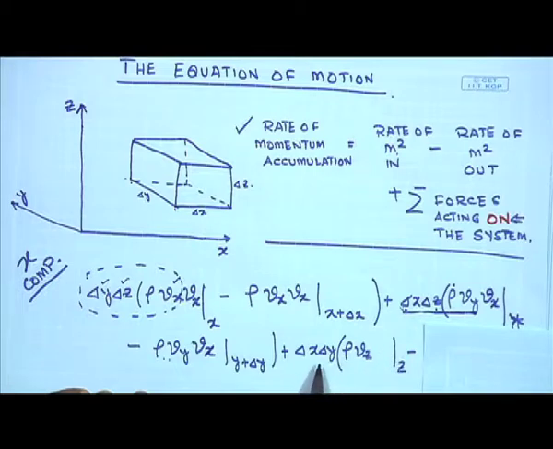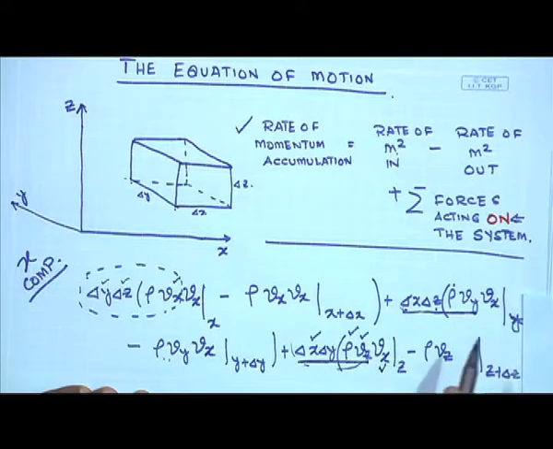Similarly, I can write the z component: the amount of mass which is coming in through the z phase is the area, density and velocity z component. Now, this amount of mass has some x component of momentum associated with it. In order to obtain that, I simply multiply it with Vx. So this amount of mass contains some amount of x momentum, the value of which is obtained by multiplying it with the x component of velocity at that point.